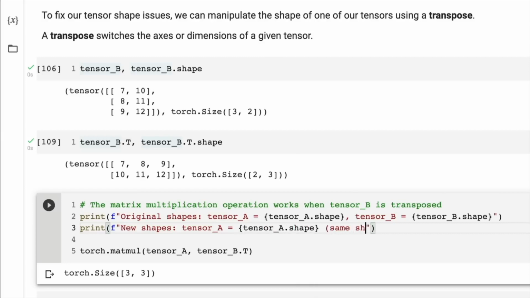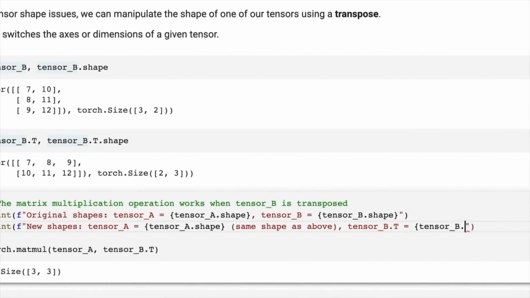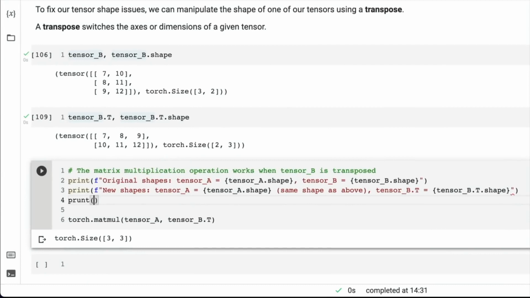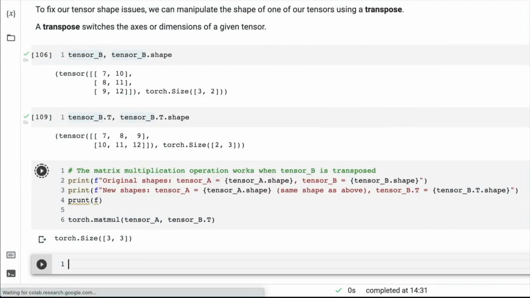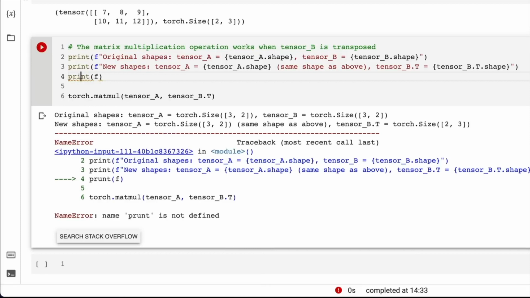Same shape as above, because we haven't changed tensor A's shape, we've only changed tensor B's shape, or we've transposed it. And then tensor B dot transpose equals, we want tensor B dot T dot shape. Wonderful. And then let's just print out, print.